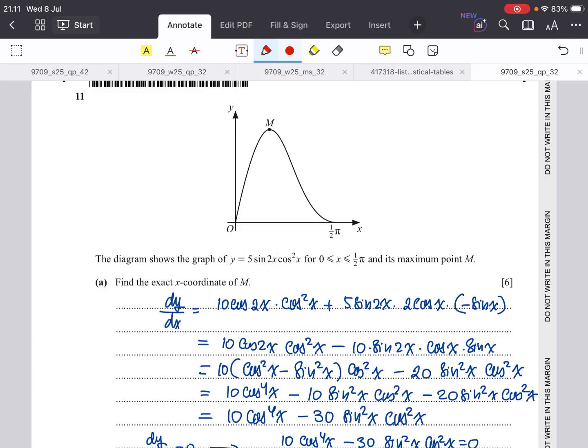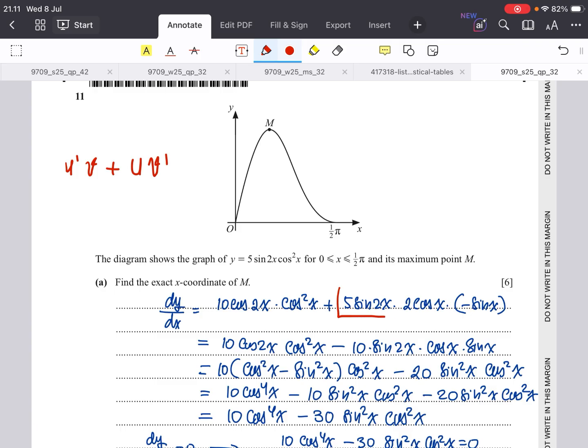Please remember that the differentiation will be u prime v plus u v prime. So the u is 5 sine 2x, v is cos square x.